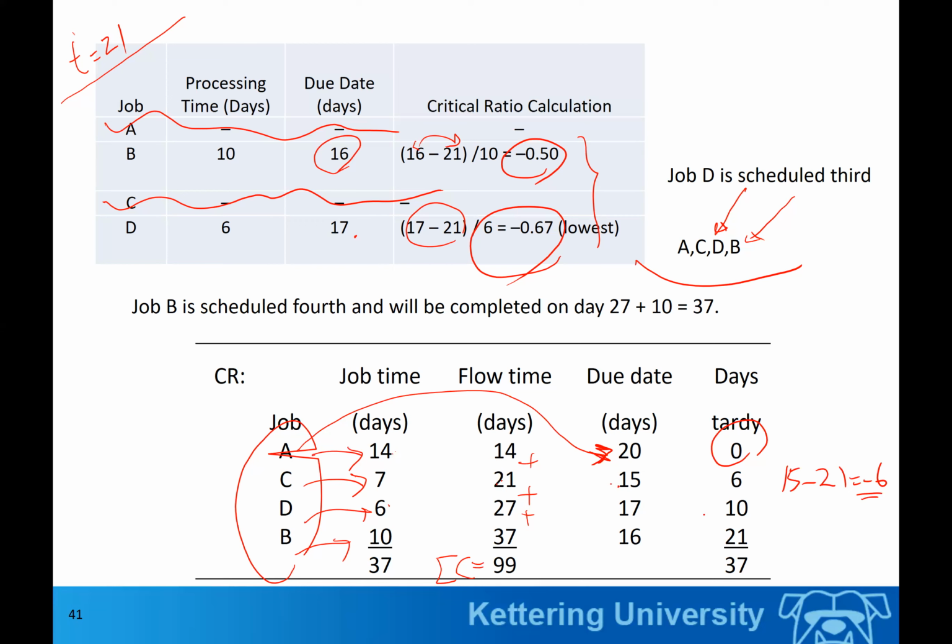Or for this job, 17 minus completion time, which is 27, is negative 10. It means I'm 10 days late. And then for job B, I was supposed to finish it at 16, but I'm at 37. So now I'm negative 21. It means I'm 21 days late. So the total tardiness or total lateness is going to be 37 days.